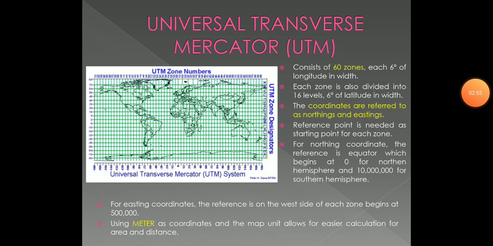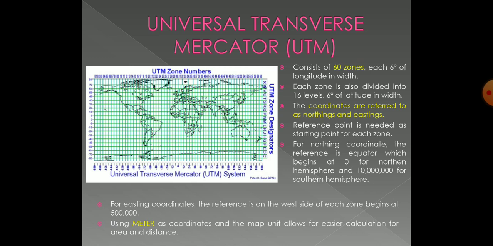Alright, and then for the easting coordinate, they also reference a point on the west side of each zone, but instead of starting at 0, it starts at 500,000.